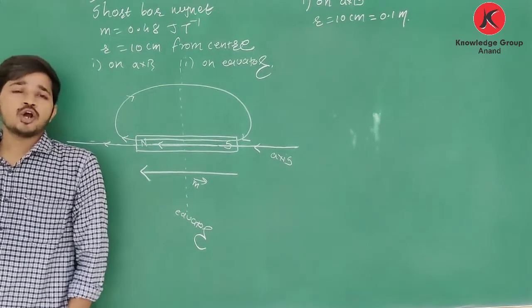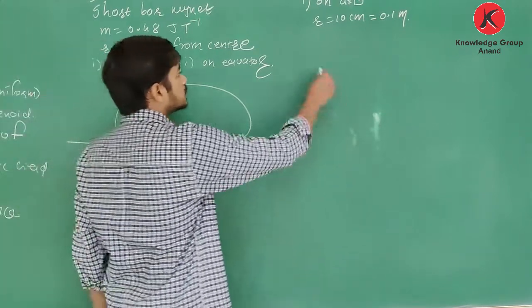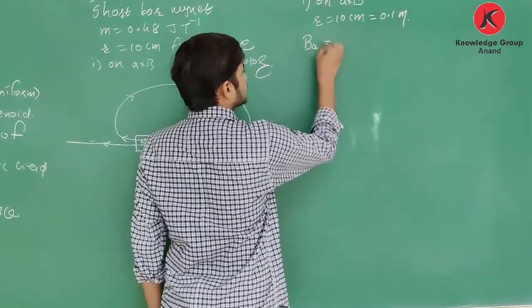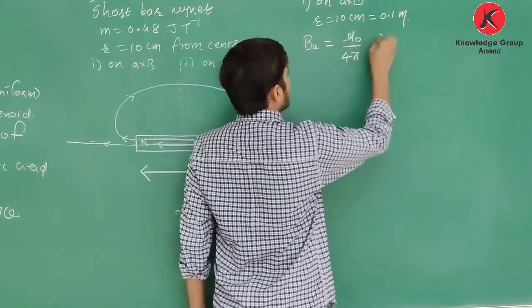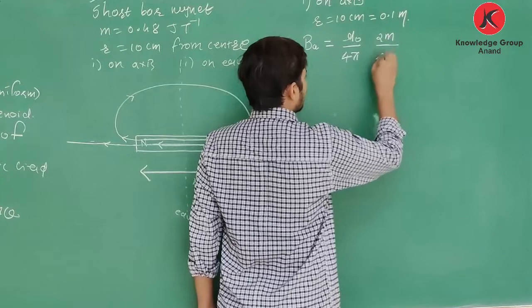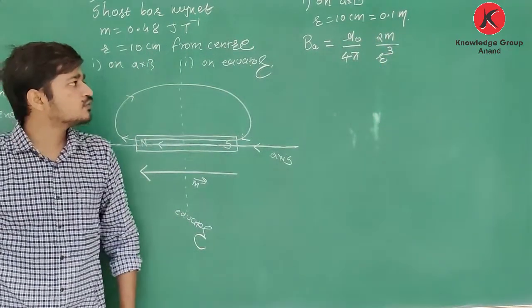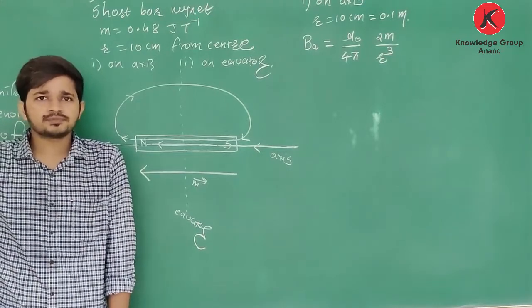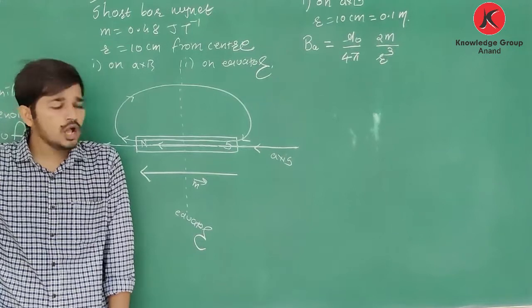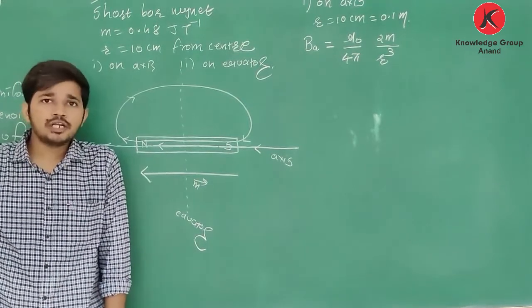We know that for a short bar magnet, the magnetic field on axis is BA is equal to mu 0 upon 4 pi, 2m upon r cube. Clear about this?